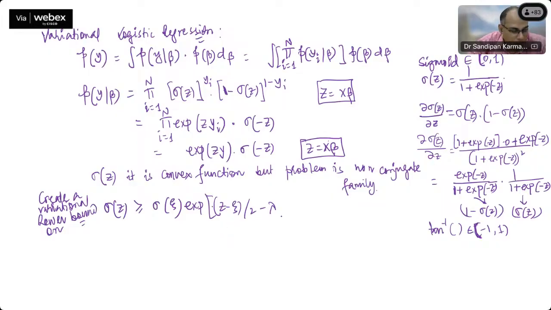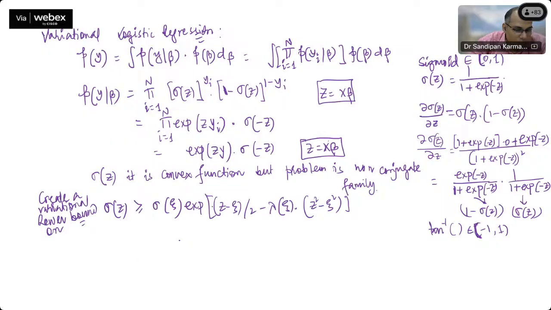So lambda of xi multiplied by z square minus xi square. So this is the lower bound. If we can maximize this lower bound, then we'll be reaching the sigmoid function.